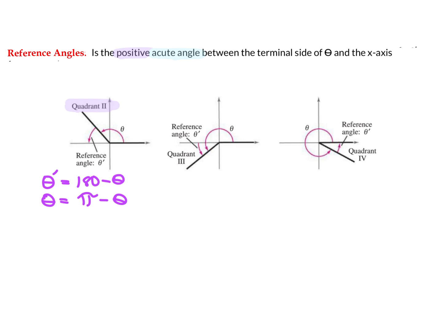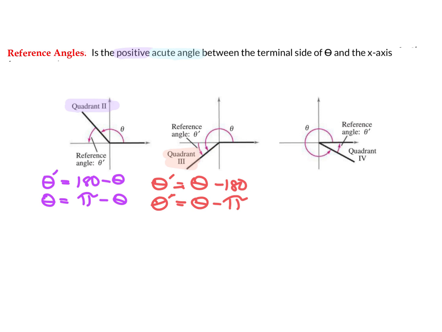If I am in quadrant 3, to get theta prime, I'm going to start with my angle theta and subtract 180, or subtract pi. So in quadrant 2, I start with 180 or pi, and I subtract the angle.